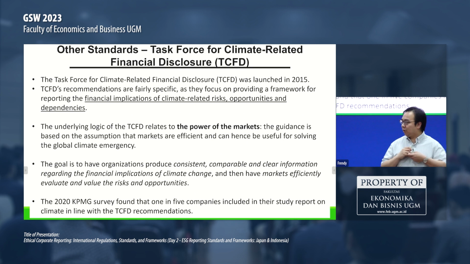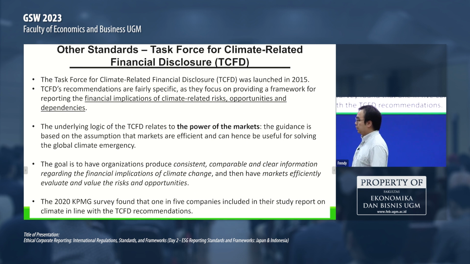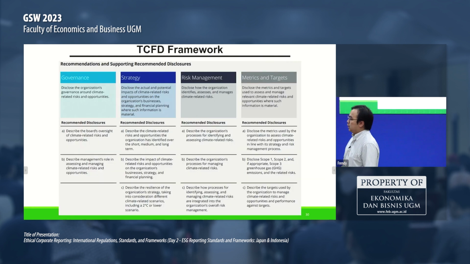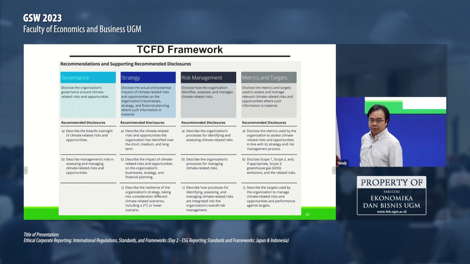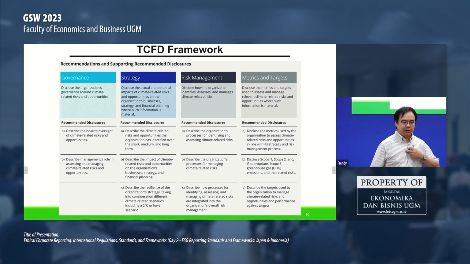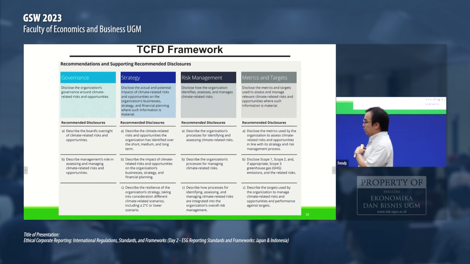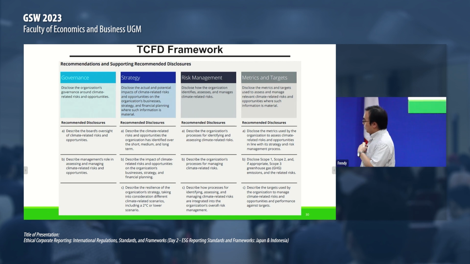So this standard is not as popular as the previous 3. Okay. So it follows this type of framework for companies to apply TCFD, and the focus is all about climate.